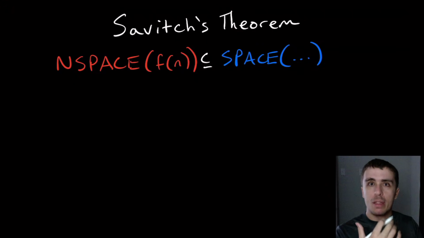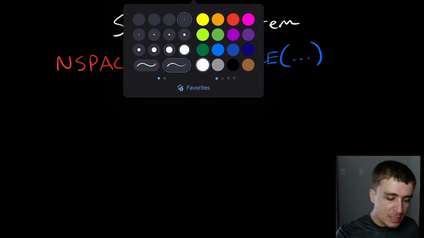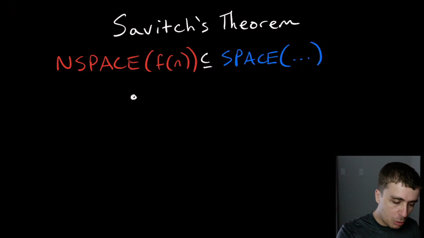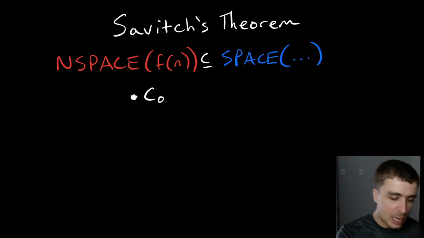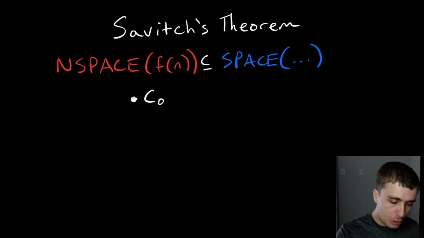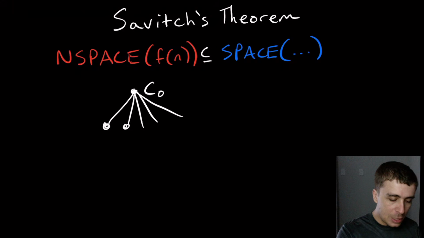We've done this with non-deterministic time and deterministic time, which is the computation tree approach. If we have some computation tree, it looks like the starting configuration at the top. There could be some number of non-deterministic choices that we can make, and each one of them has its own choices.